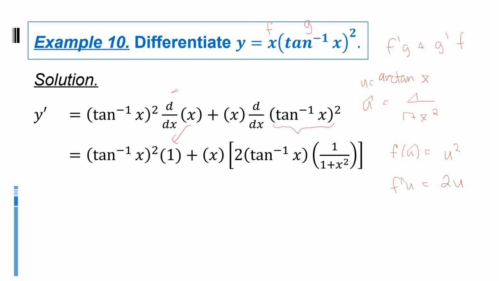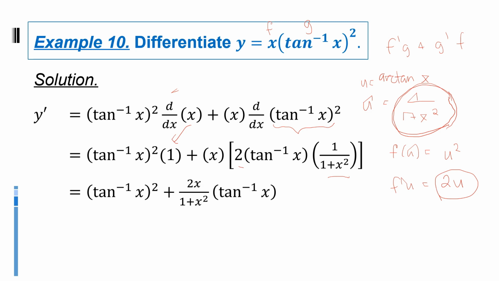So 2u times 1 over 1 plus x squared, that should be our derivative. So we have 2 times our u, which is arctan x, times 1 over 1 plus x squared. So if we simplify that, we have the square of arctan x plus 2x, okay, this comes from 2 times x, over 1 plus x squared, arctan of x.